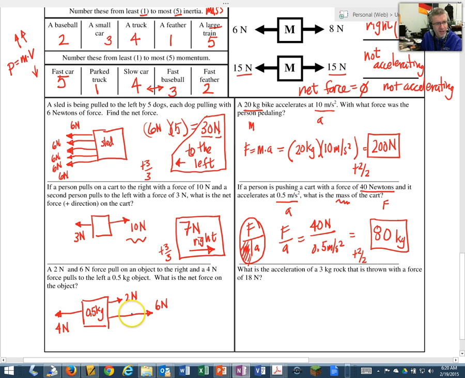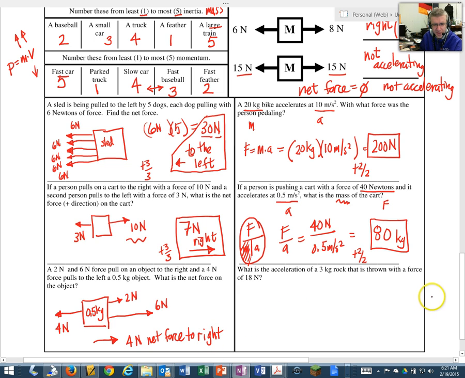What's the net force on the object? Which way is this object going to go? Well, it looks like I have 8 on one side and 4 on the other, so it's going to go this way. And if I have 6 plus 2 minus 4, I have 4 newtons net force to the right.